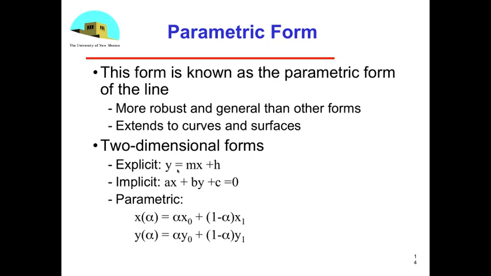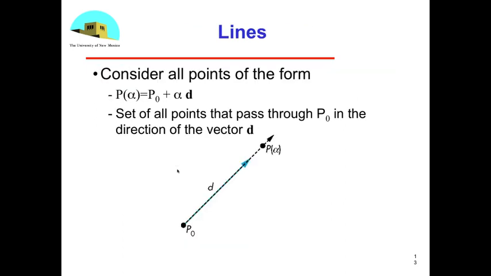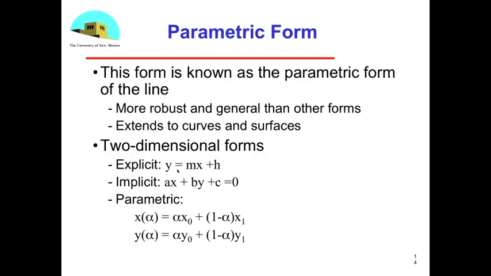And this is one of the problems when you use representations, and especially when you use explicit form. As I have it here, no matter what d I pick, I'm always going to have a direction that makes sense. It's when I go to this particular representation, y equals mx plus h, that I can get into trouble when I have vertical lines.